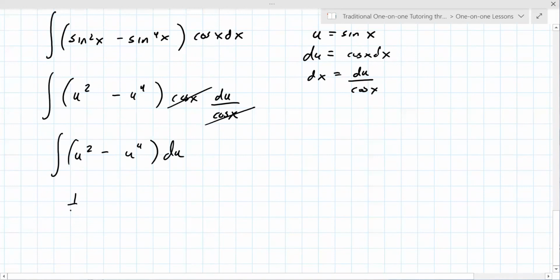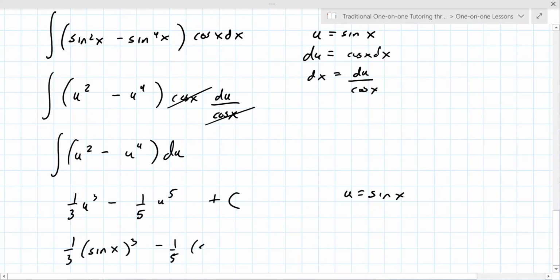So you get 1/3 u cubed minus 1/5 u to the fifth plus c, and then you back substitute sine x in there. So it's 1/3 sine cubed x minus 1/5 sine to the fifth x plus c.